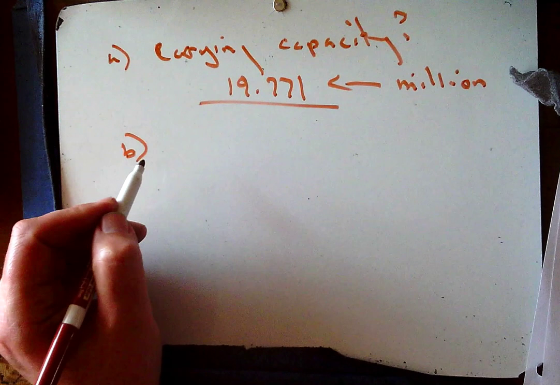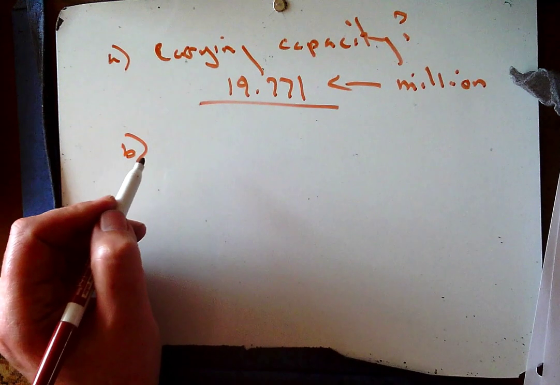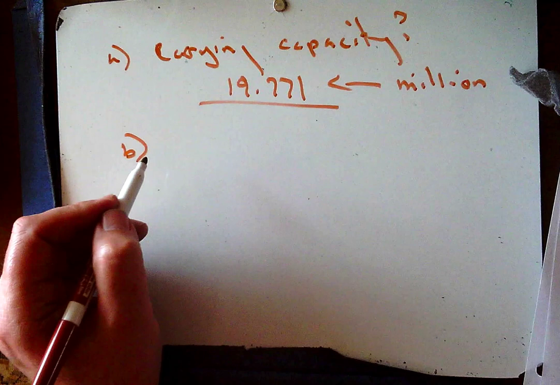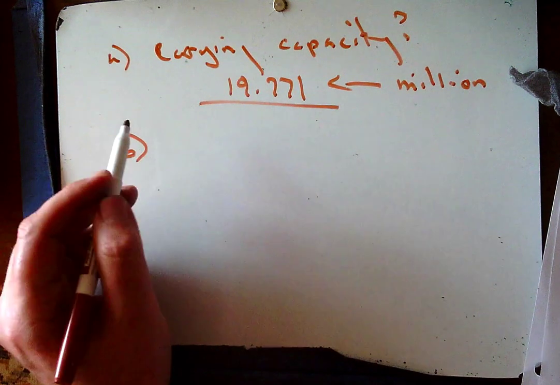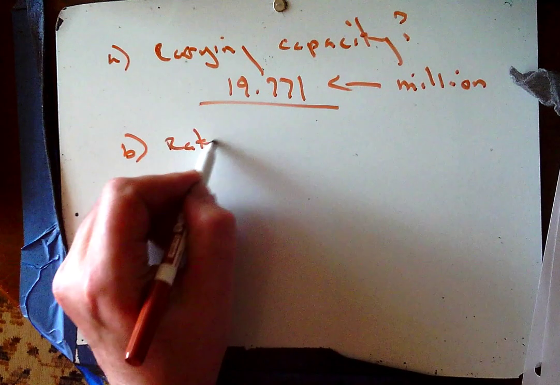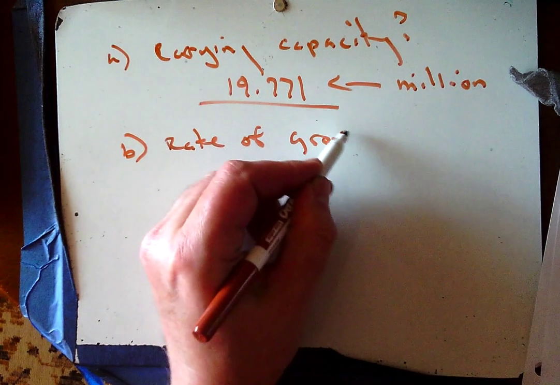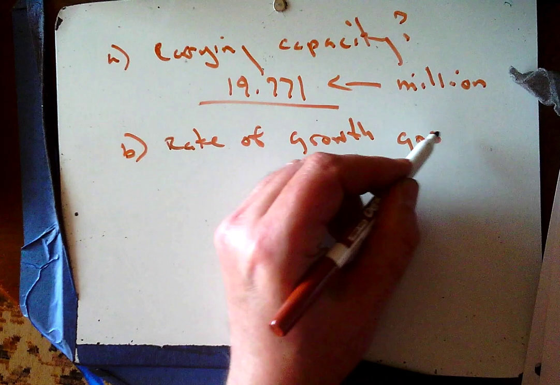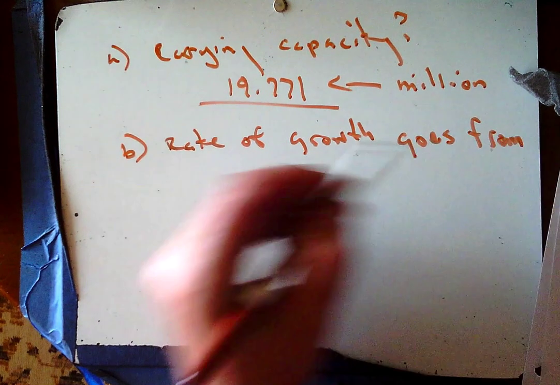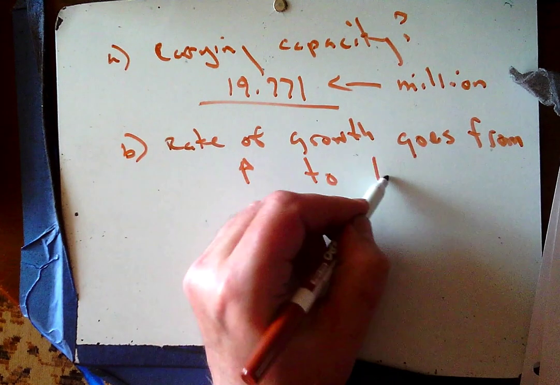Okay, B says find when the rate of growth goes from increasing to decreasing.